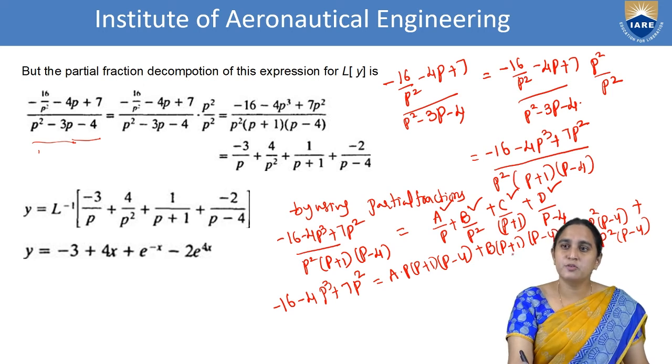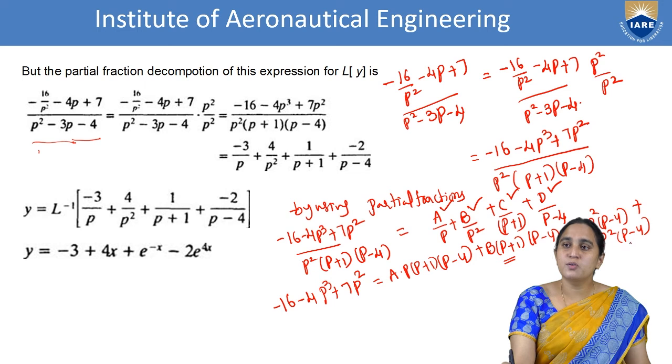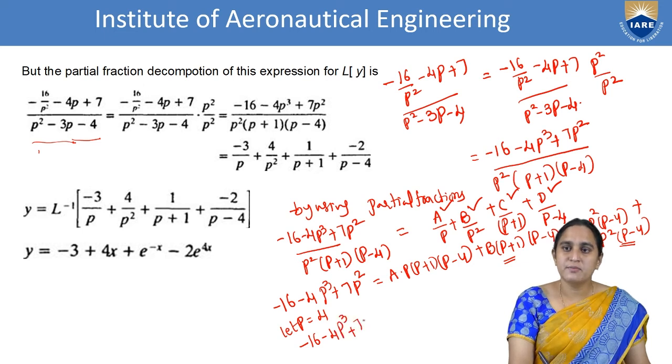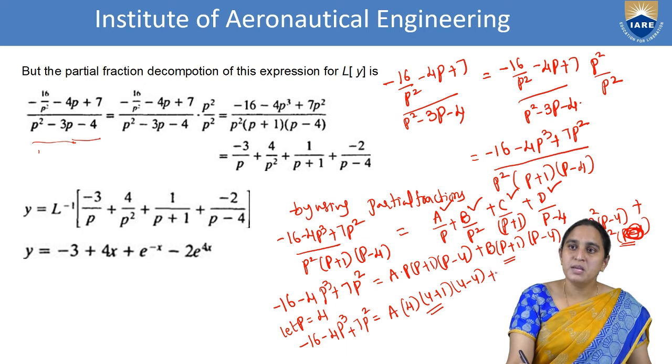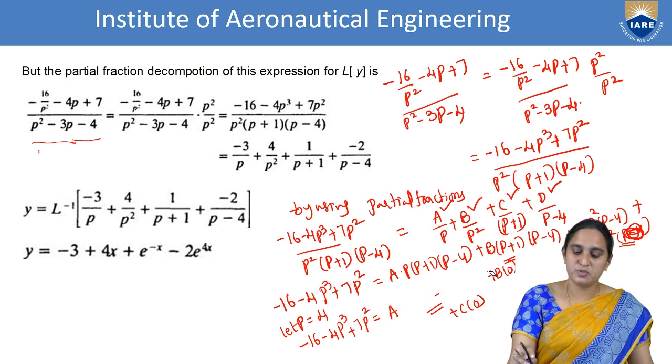If you take p as 4, here A is 0, B is 0, C is 0.